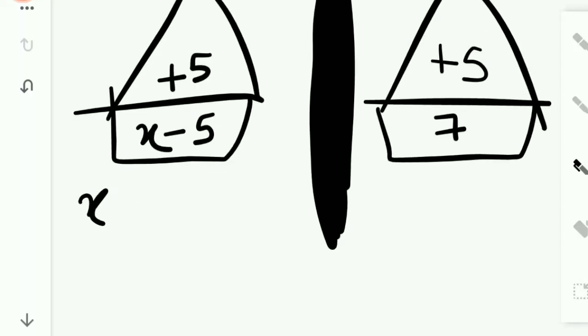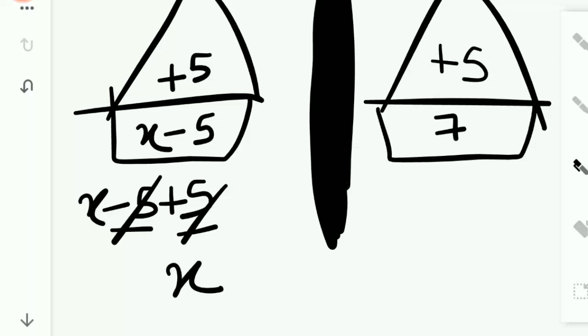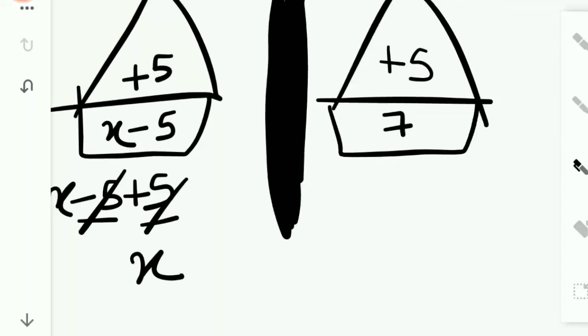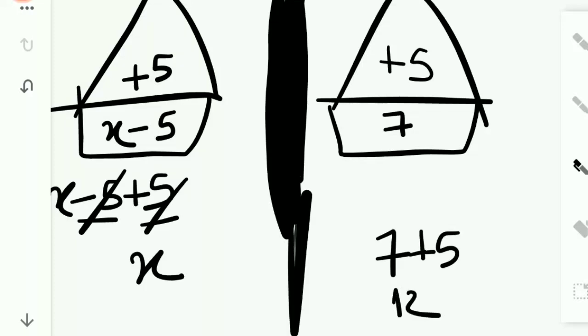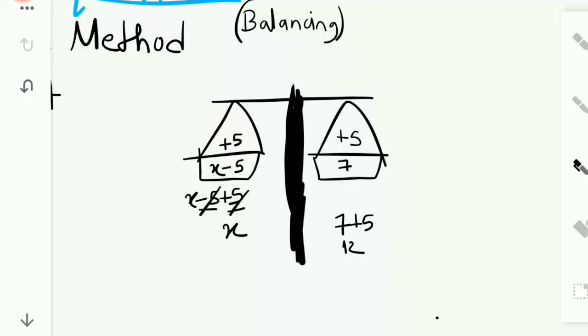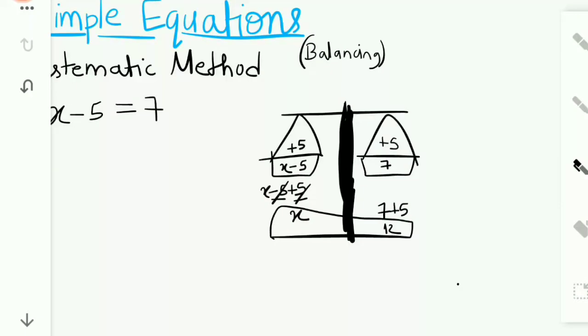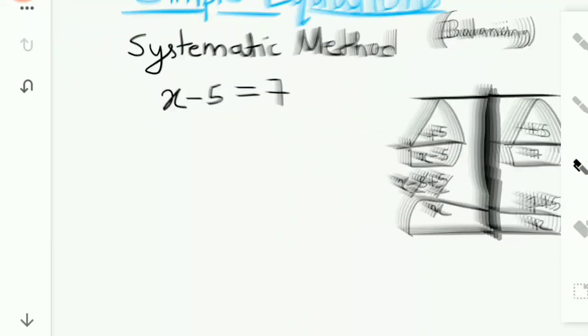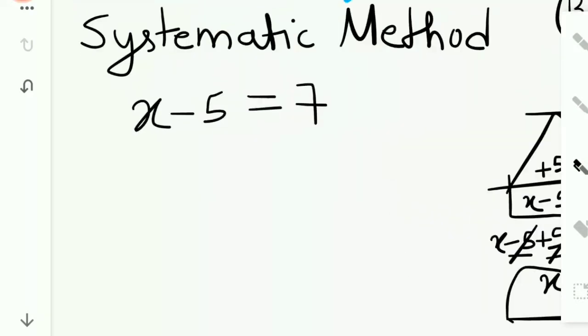So this is balanced now. So x minus 5 plus 5, minus 5 plus 5 cancel out. So x remains here. And here 7 plus 5 which is equal to 12. So by balancing, we've gotten x equal to 12. So how to write it mathematically?